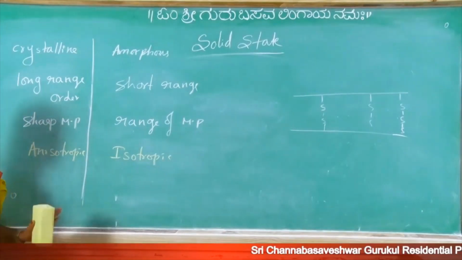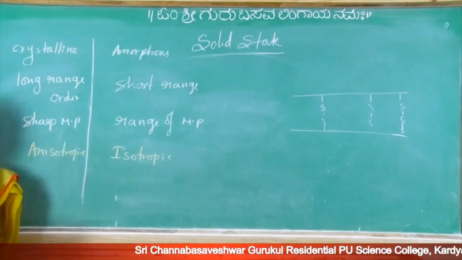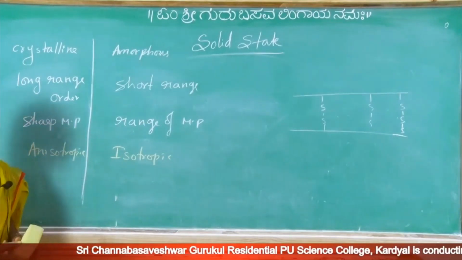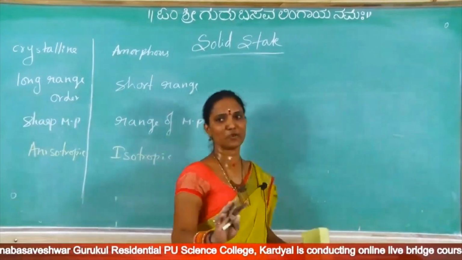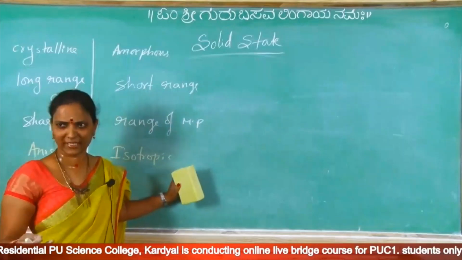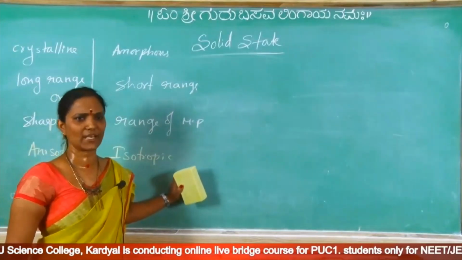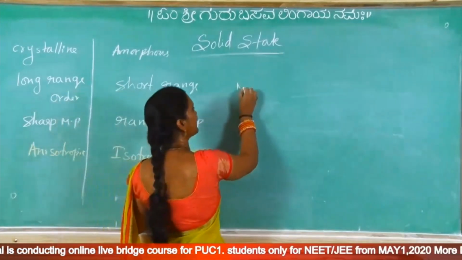Now the next one is anisotropic, isotropic. Okay, what is this anisotropic nature? Some physical properties, this is a very important point, some physical properties like refractive index or conductivity. Not all the properties, some physical properties.